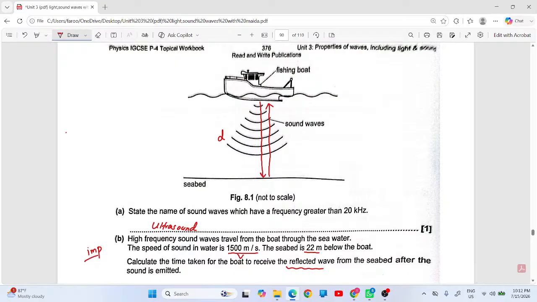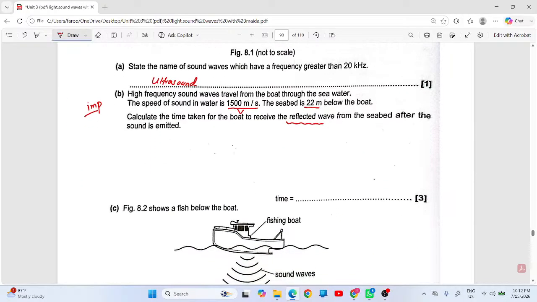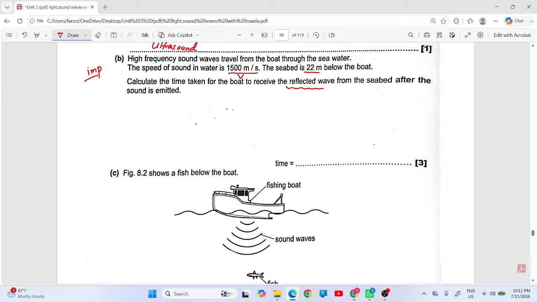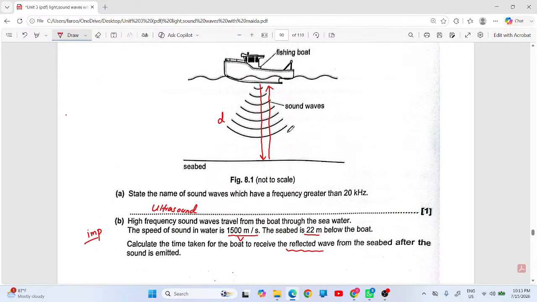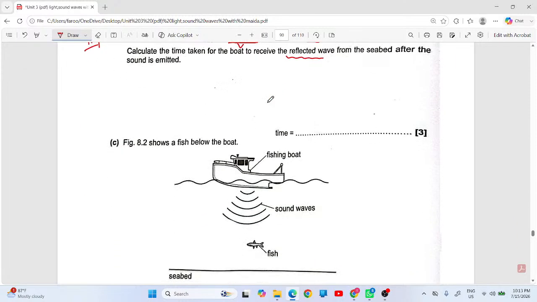Let's suppose the distance is d. The total distance covered by the ultrasound wave is d going and d coming back. So d plus d equals vt.